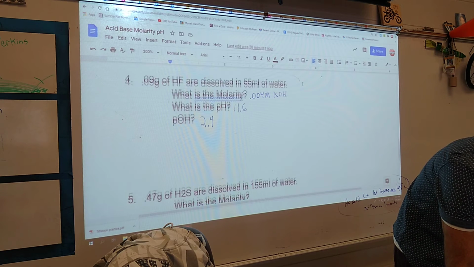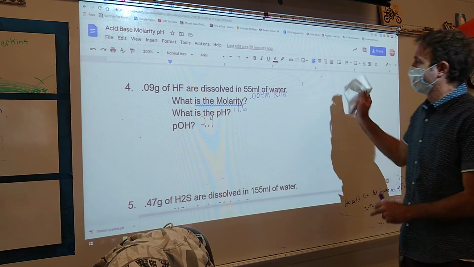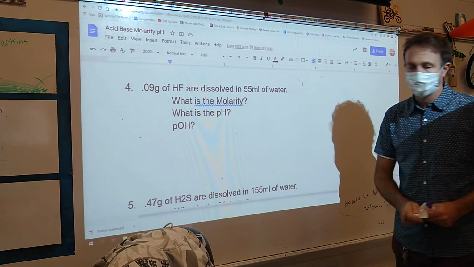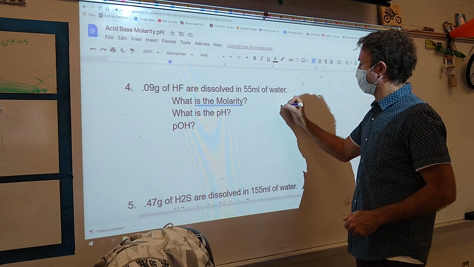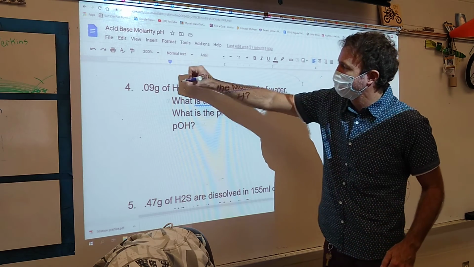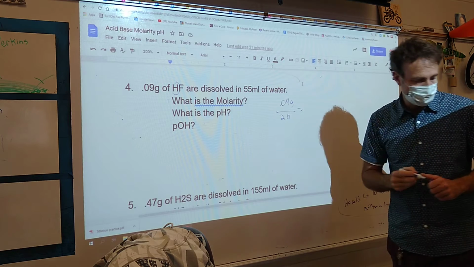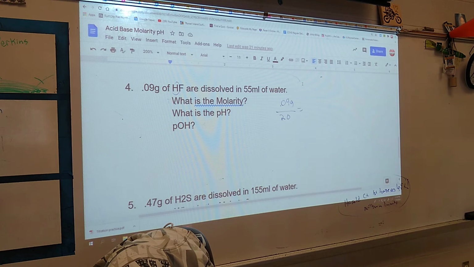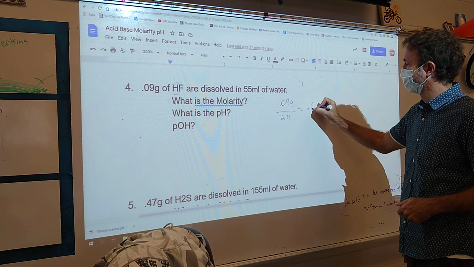Number 4. I'm going to speed up just a little bit. 0.09 grams of HF. 0.09 grams divided by, let's see, that's going to be 20. 0.09 divided by 20 equals 0.0045 moles.